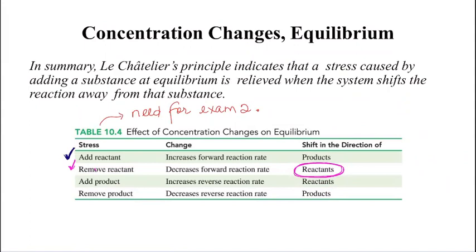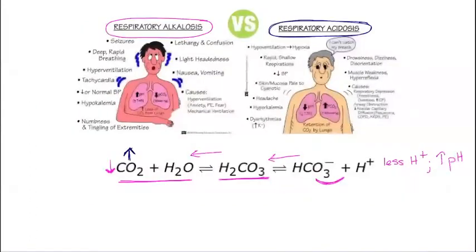When we're adding reactant, the shift in the direction of our chemical reaction is towards product. So that means that I add more CO2 in the system because, again, it's not being released. So it's just accumulating. So that means that the shift is going to be towards products.